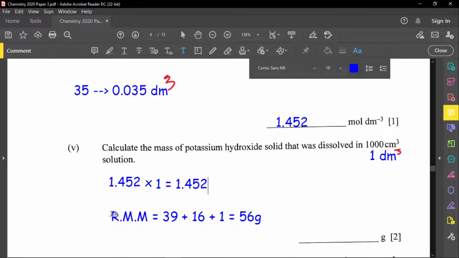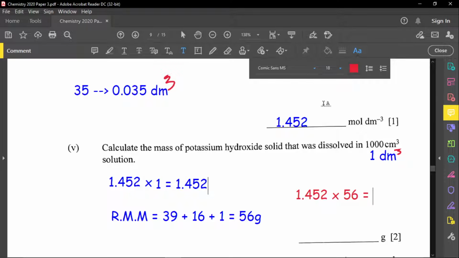And so what we're going to do now is multiply 1.452 by 56. Let me just put multiply right here. Matter of fact, let me do it differently, now in a different color as well. So right now I'm going to multiply my 1.452 by 56.